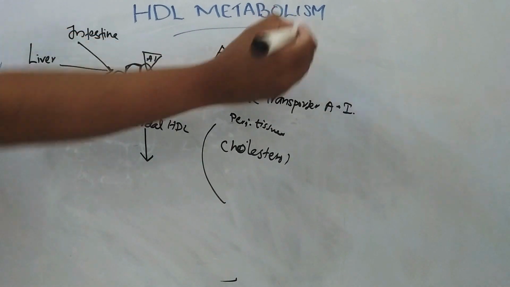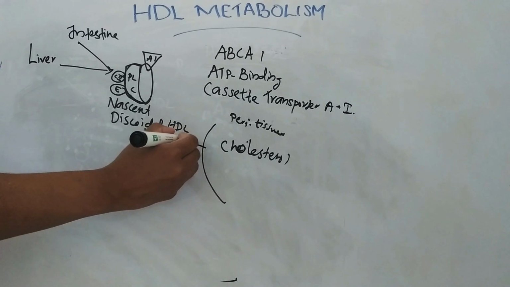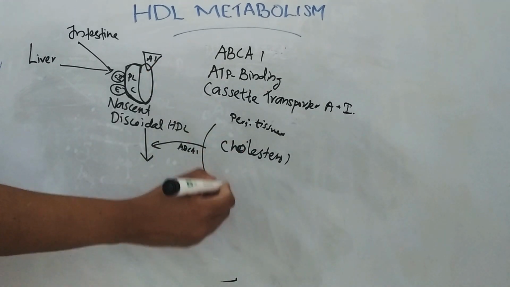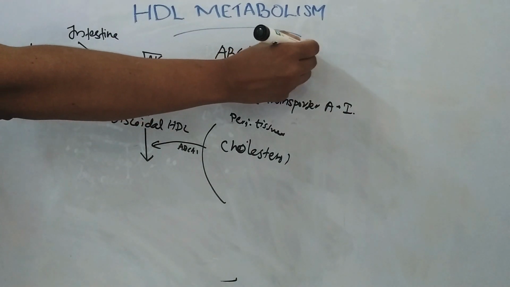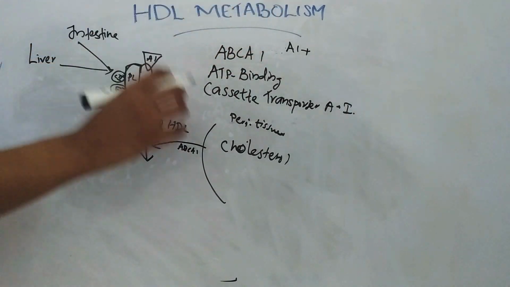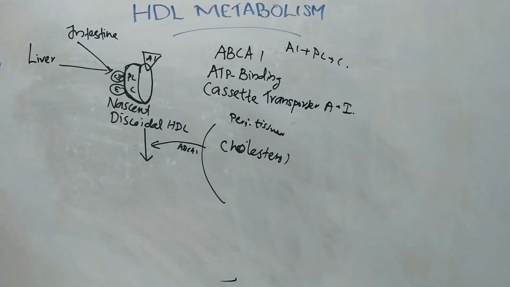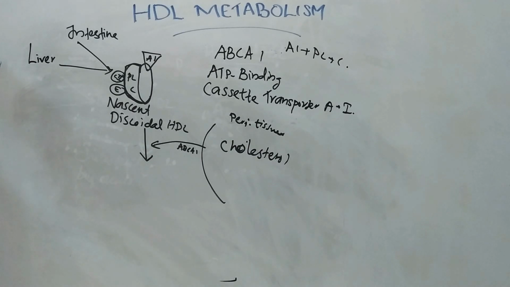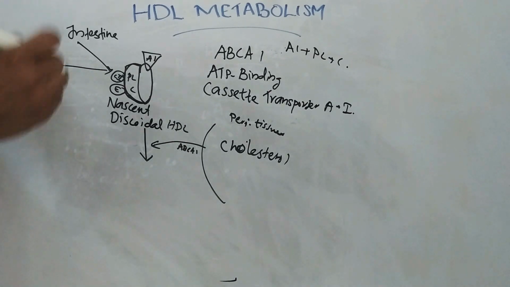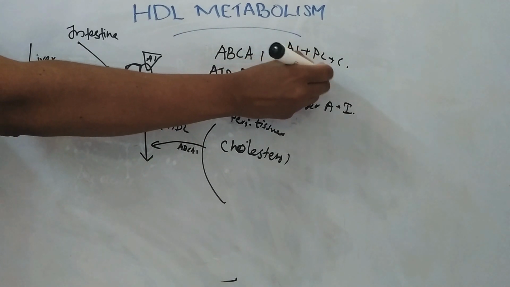Pre-beta HDL means this ApoA1 will form pre-beta HDL when in association with a little amount of phospholipid and cholesterol. After associating with a minimum amount of phospholipid and cholesterol, this ApoA1 forms pre-beta HDL.